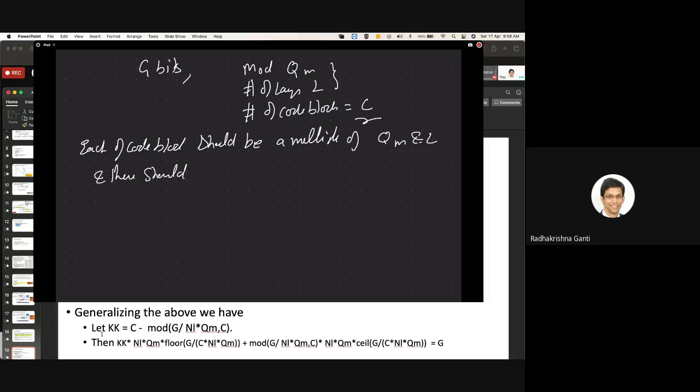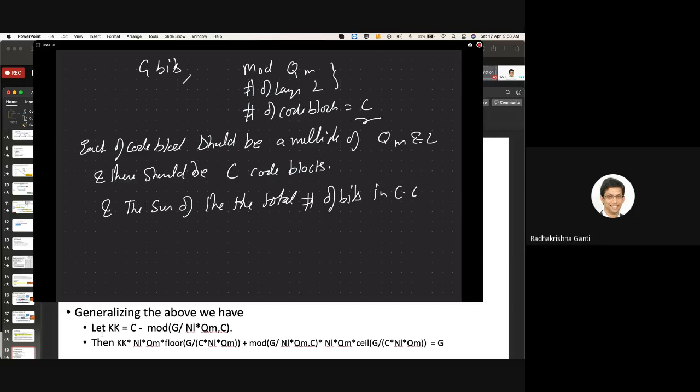There should be C code blocks, and the sum of the total number of bits in the C code blocks should be G. So the first thing that you should understand is G by C.